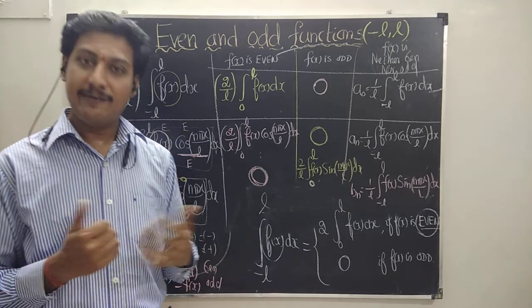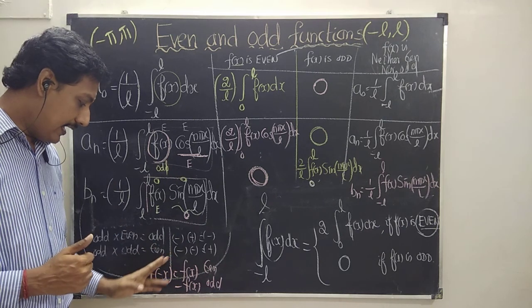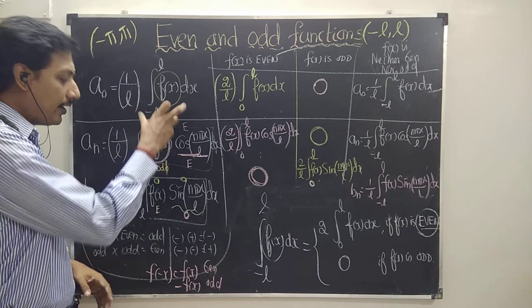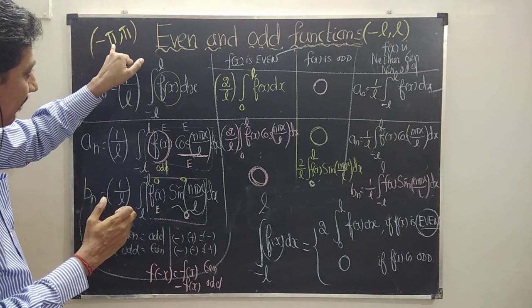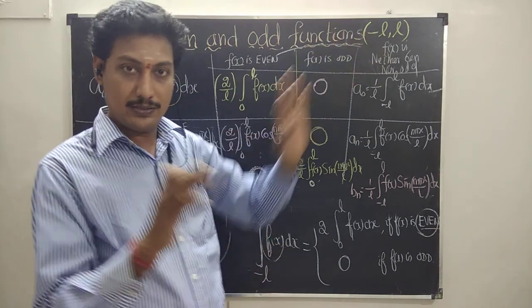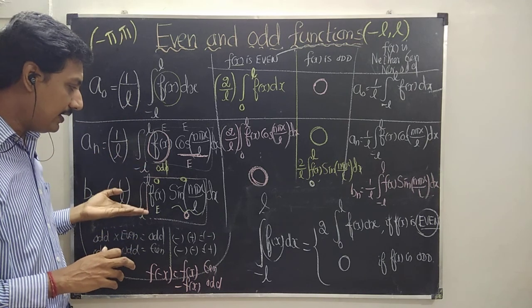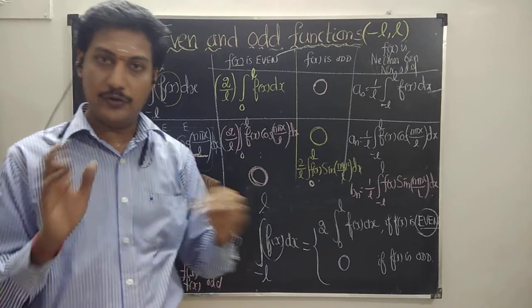I hope everyone understands this. Once more, I repeat, this is a very simple concept. Even means plus sign, odd means minus sign. Once they are in product form, please kindly check whether it's even or odd. This is possible only when the function is defined in these two intervals. So A0 formula, AN formula, BN formula, and the interval minus pi comma pi or minus L comma L, we already know.